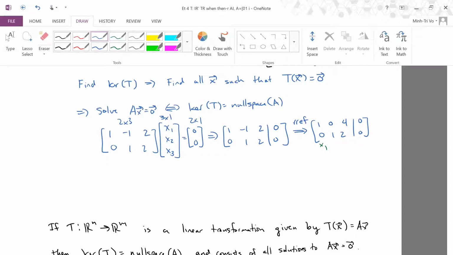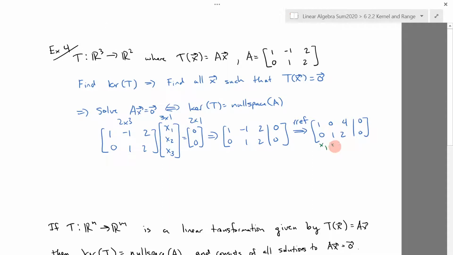Okay, so I have three variables, x1, x2, x3. So this is x1, this is x2, this is x3. The leading coefficients are here and here, so that means that x3 is free. So I can parameterize x3 as t.